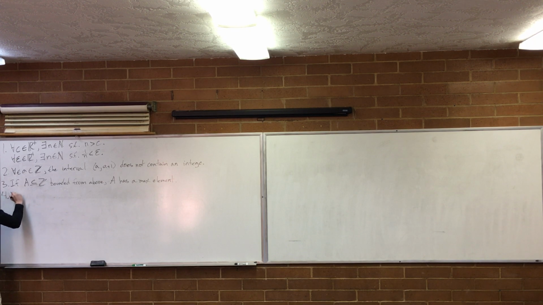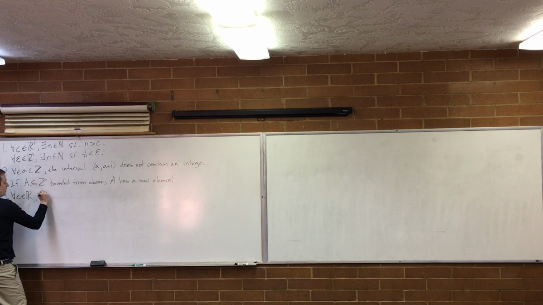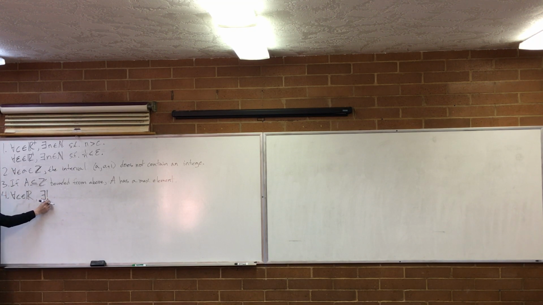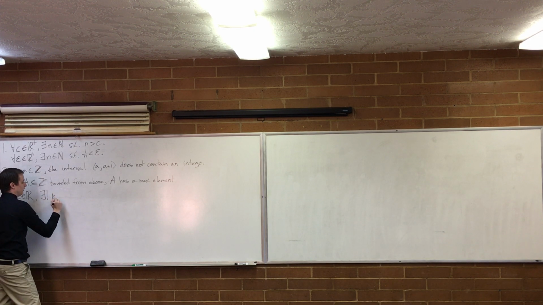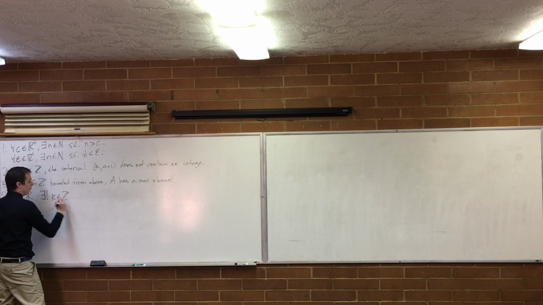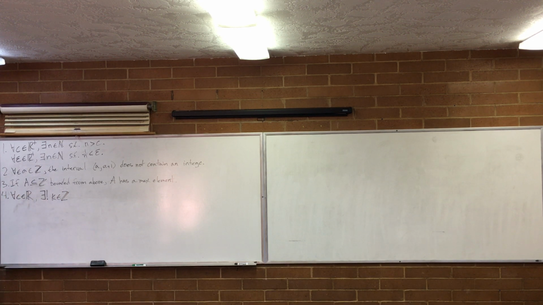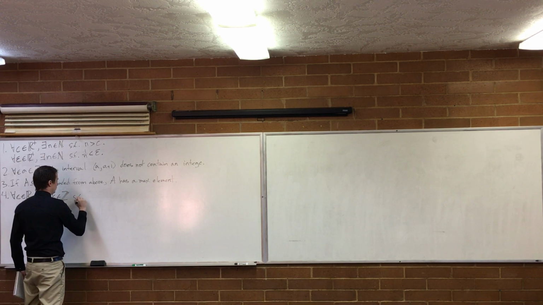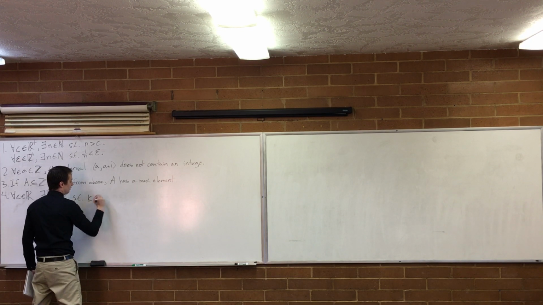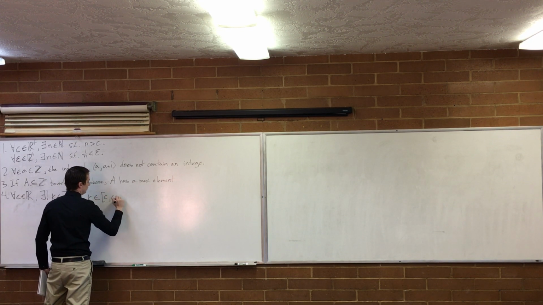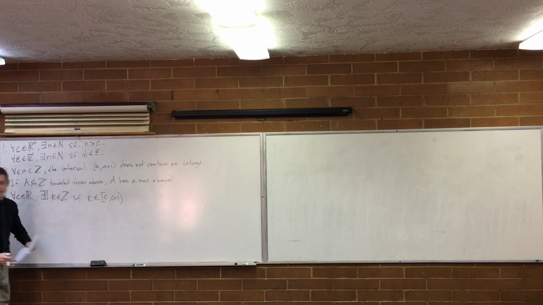The next thing we proved is that for all c in R, pick any real number you want, there exists one and only one k in Z, there exists only one integer such that k is also in the interval c to c plus 1.